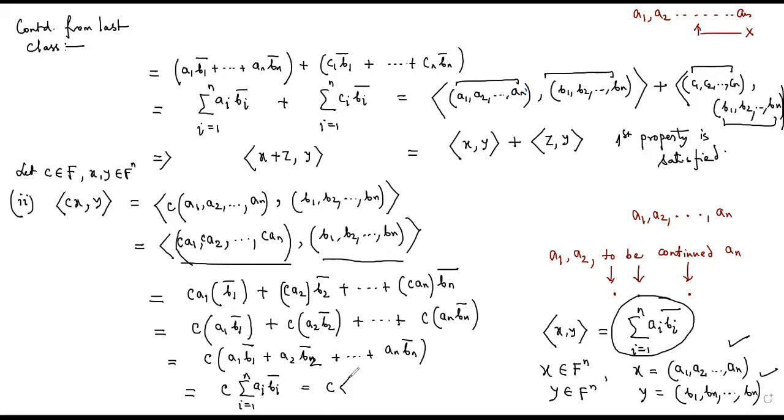And that is your inner product as you have defined, which is C into X comma Y. So the second property is also satisfied.